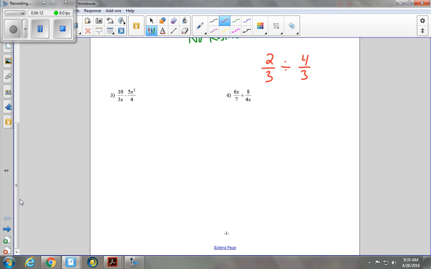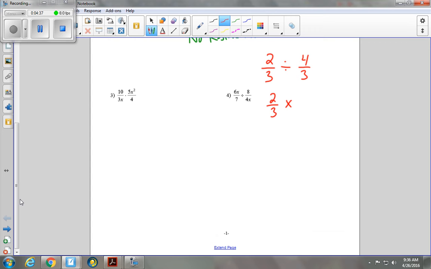Dividing by 3 over 4, I could say that's the same thing as multiplying by something, you know? What if I do this? Oh, you flop the bottom and the top. Yeah. Dividing by a fraction is the same as multiplying by the inverse, so flipping it upside down.